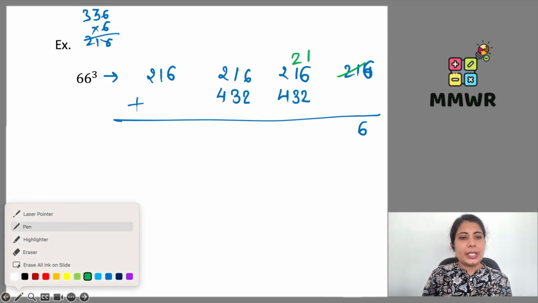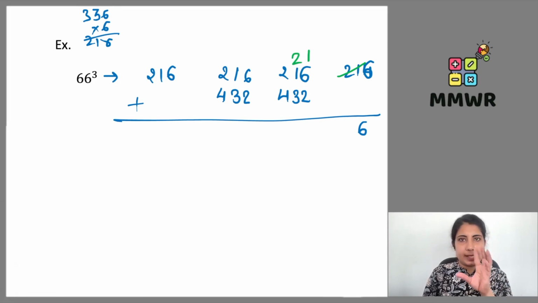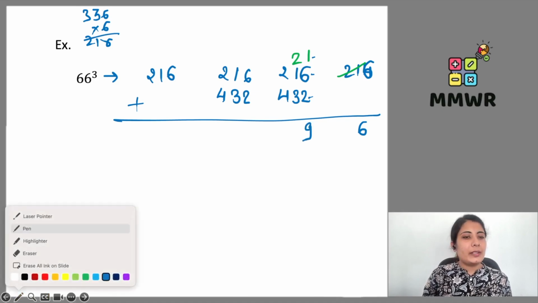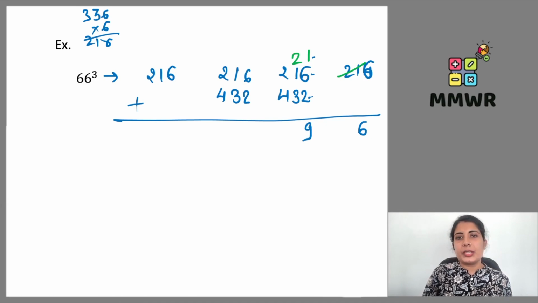Now, at the unit place of the second column, 1 plus 6 plus 2 is 9. What I have to carry forward to the next column, which is 43 plus 21 plus 2. That means 3 plus 1, 4, 4 plus 2, 6. So 6 with 4 plus 2, 6. 66. 43 plus 21 is going to give us 64. 64 plus 2 is 66.